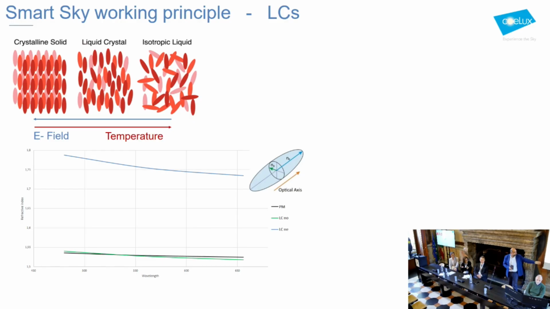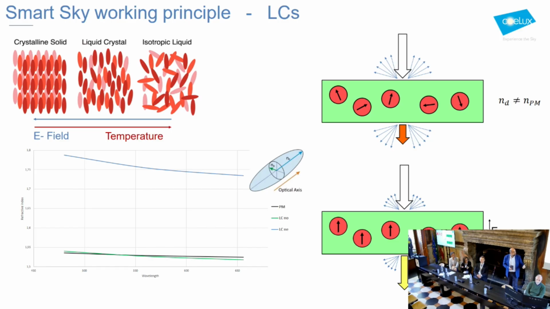And if one of the orientations gets matched with the refractive index of an embedding medium, for example a polymer, we have a situation where in one case there is a lot of scattering because of the mismatch, and much less scattering when they are all oriented.